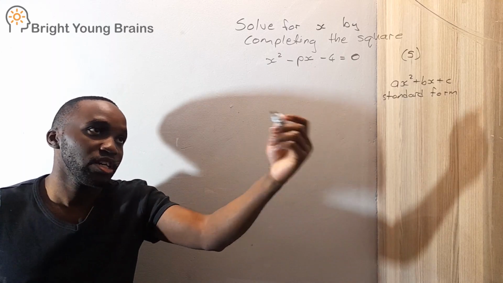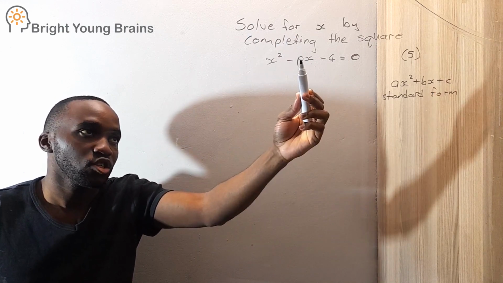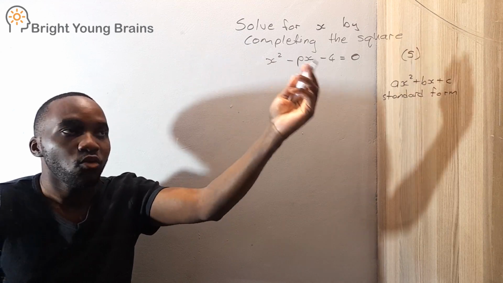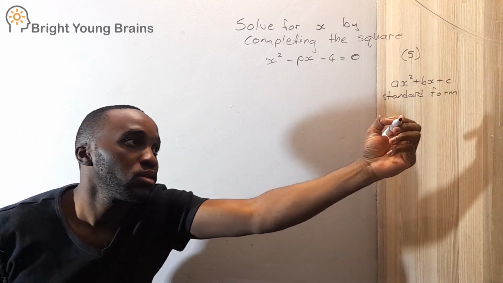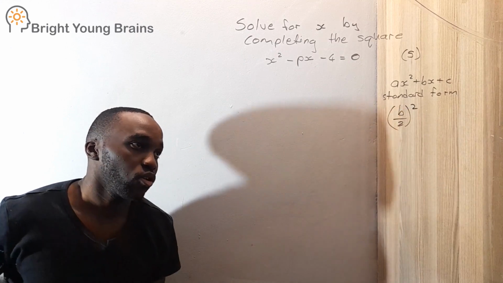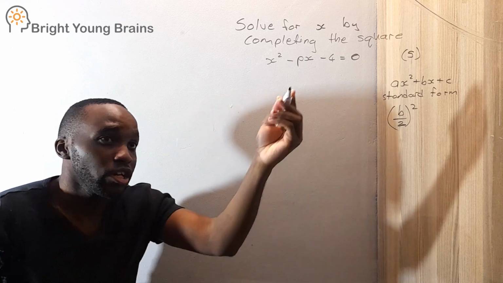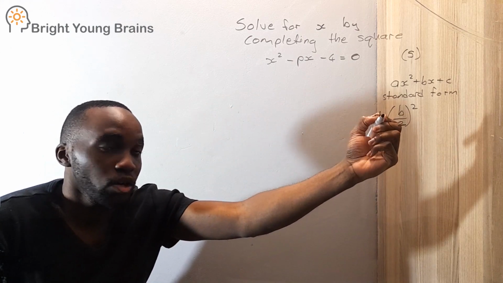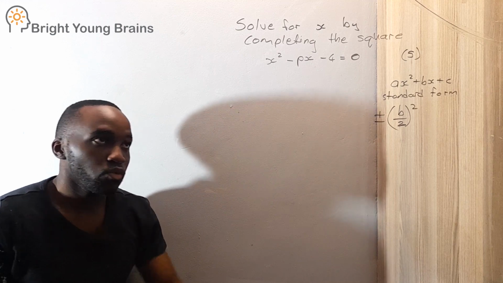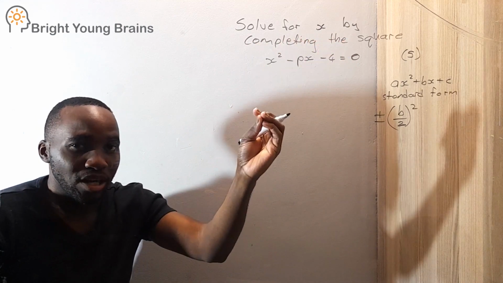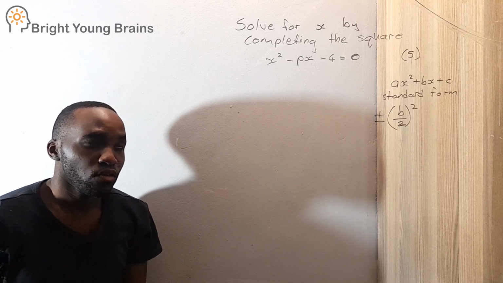The first thing we said is, in terms of completing the square, the coefficient has to be 1 and this has to be in standard form. Once all those boxes are checked, we need to get a value for b over 2 squared, because this value in our expression, we're going to add and then subtract afterwards, so that we just change the way our expression looks without changing the value of our expression.